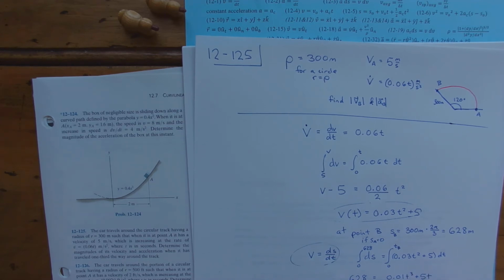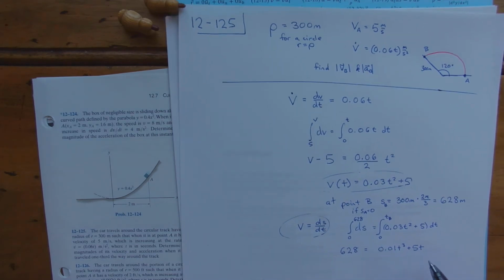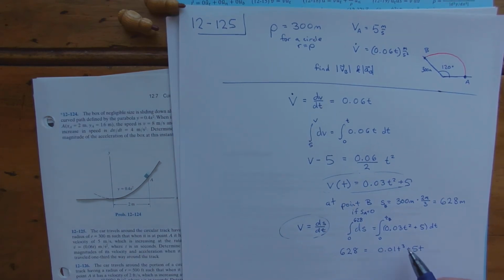And then I put in my limits of integration, but the lower limit of integration is 0, so this would just be 0, and the upper limit of integration is t_B, so I could just change that to a t_B, and that is my equation. Well, that's how I'm going to find t_B. This is t_B to the first power. This is t_B to the third power. So what I would do here is just use a computer to find t_B.